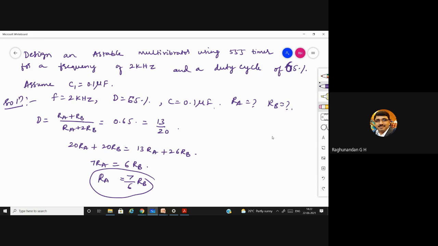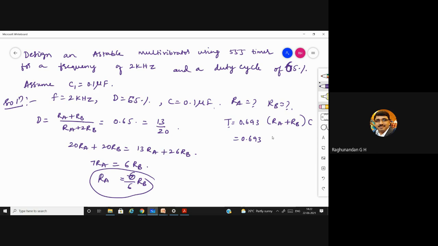Again, for the charging time we have the equation T is equal to 0.693 into (RA plus RB) into C. For this T, we know the frequency, so we can substitute.